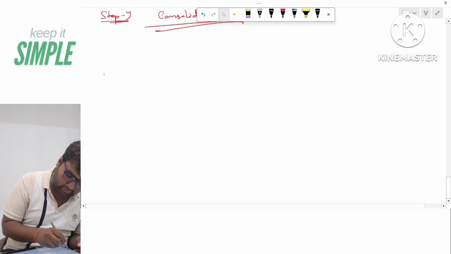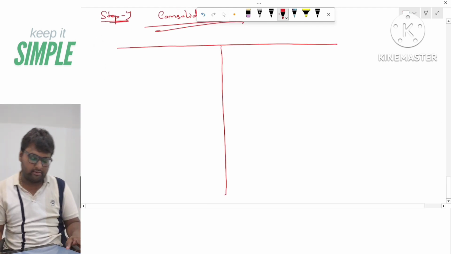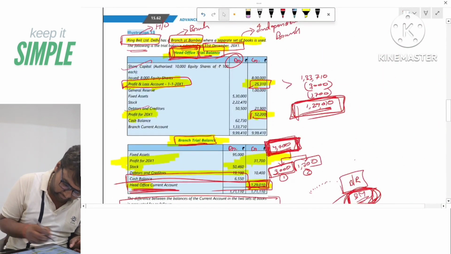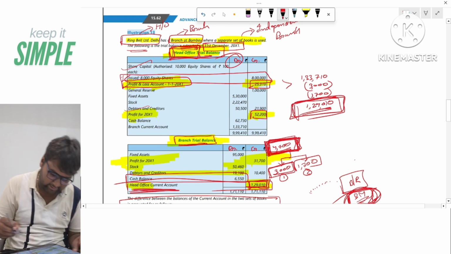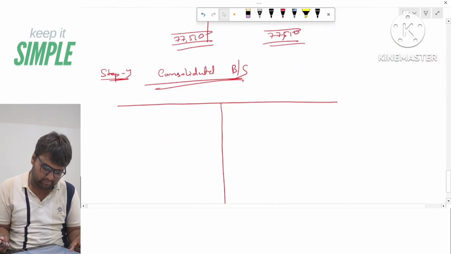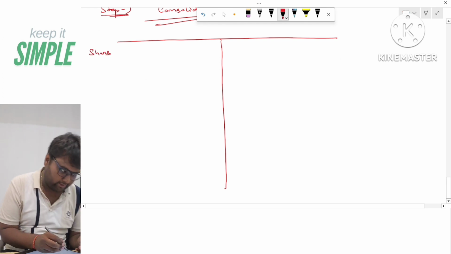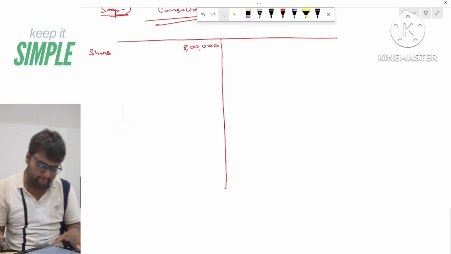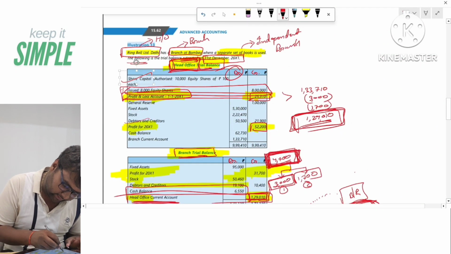So here we will prepare consolidated balance sheet. While preparing consolidated balance sheet, first we have to prepare the balance sheet for everything for head office. So we'll start from here. Issued equity share capital 8 lakh. Then profit and loss we have taken into consideration.